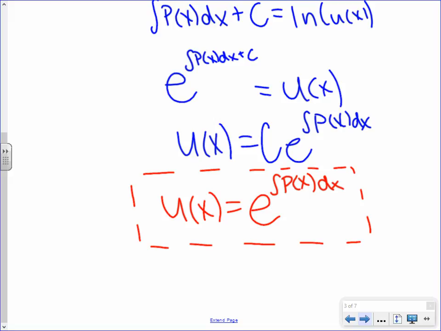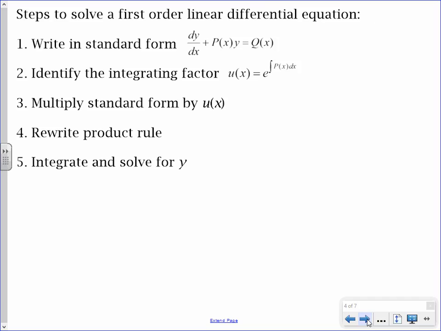Okay. So, these are your steps. Let's bring it all together. We just set up the groundwork so you're understanding what the heck is going on when we actually do this. First thing, you're going to make sure it's in standard form. So you want your derivative plus a function times y equals another function.